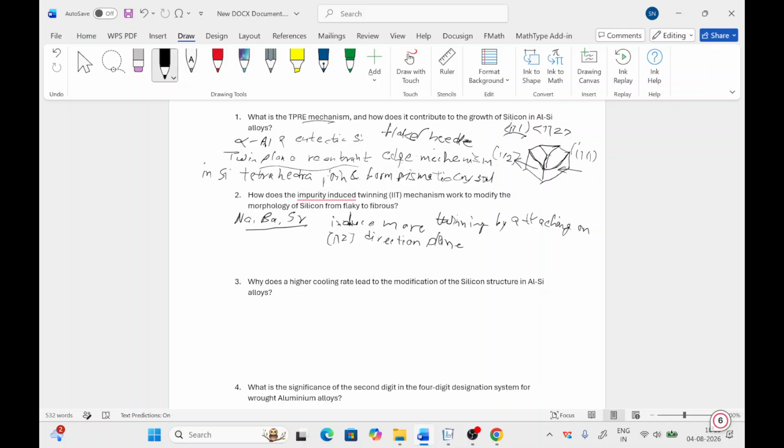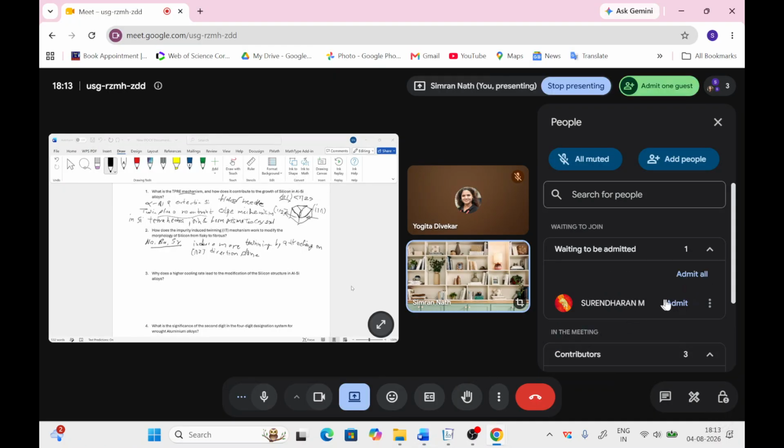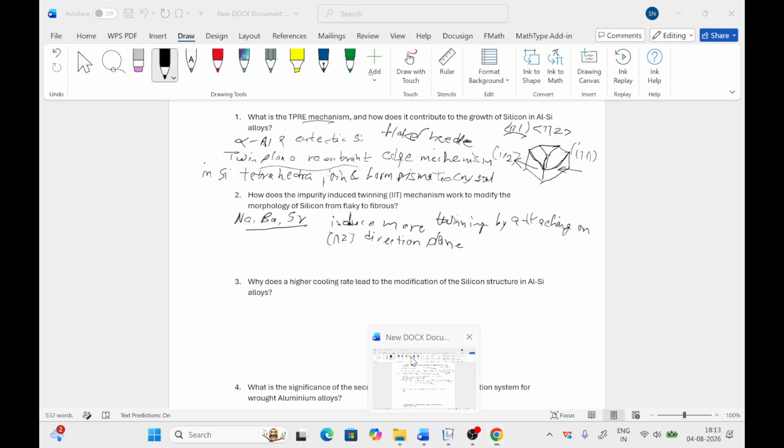So as these sodium, barium, and strontium atoms attach to this 112 plane, the arrangement of silicon atoms changes and creates more twinning planes. So silicon will start to add on different planes other than 112. So these atoms create isotropic growth.